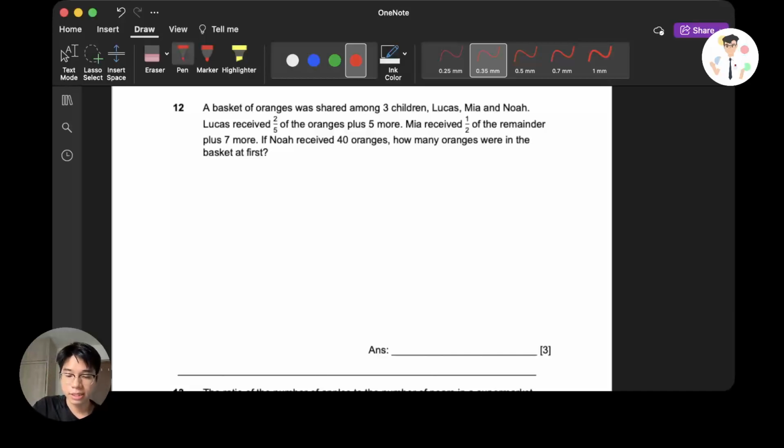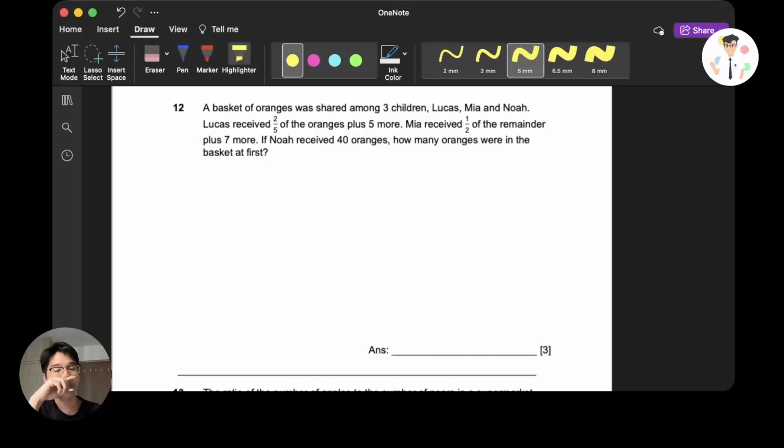Now let's look at this question together. Here it says that a basket of oranges was shared among 3 children, Lucas, Mia and Noah. Lucas received 2/5 of the oranges plus 5 more. Mia received half of the remainder plus 7 more. If you see the word remainder, you can say it's the remainder concept.